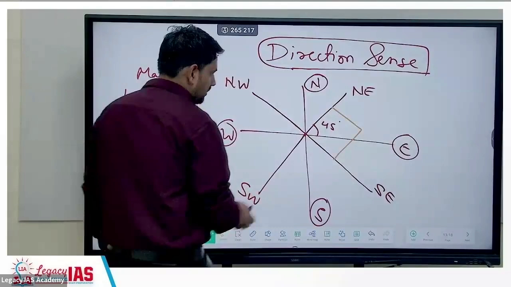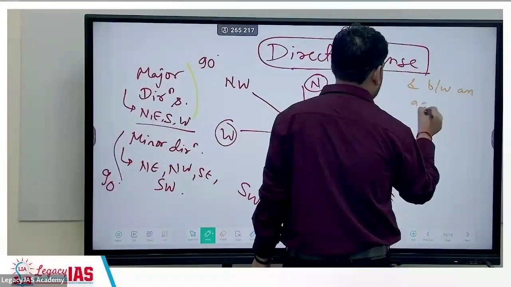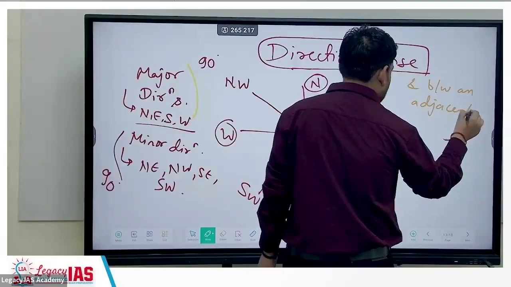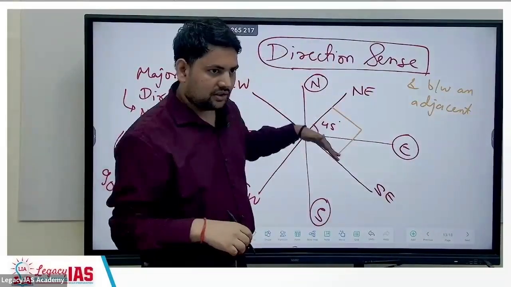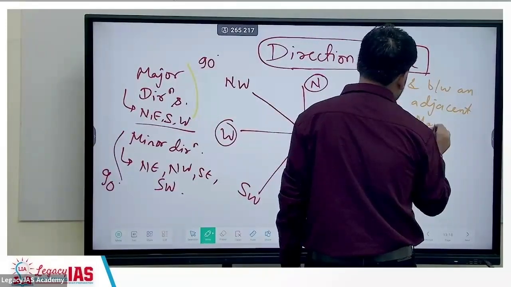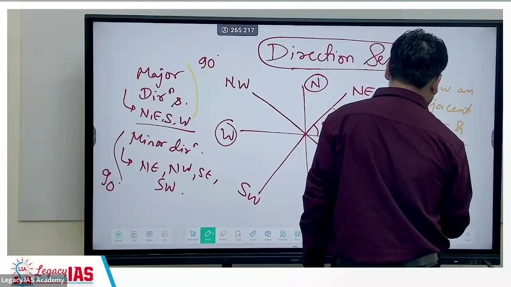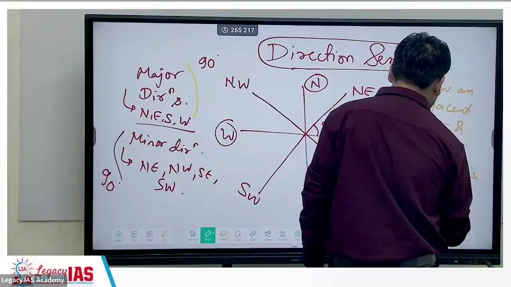Angle between adjacent, and adjacent means just the next one, major and minor direction is 45.